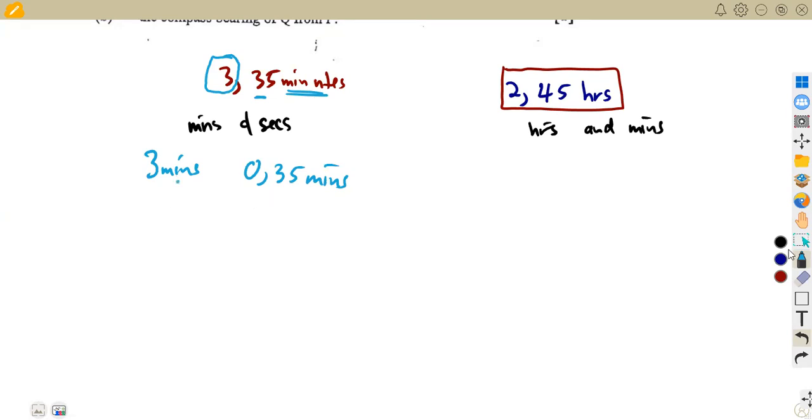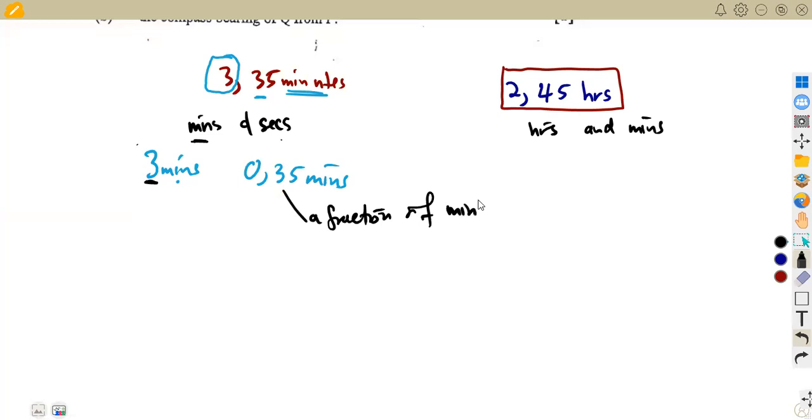So the question now, when they are asking to write in minutes and seconds, you are going to represent the minutes by the whole number. This is representing the full minutes which were being completed. This one, the decimal part, as you can see, it's less than a minute. We are talking about a fraction of a minute.